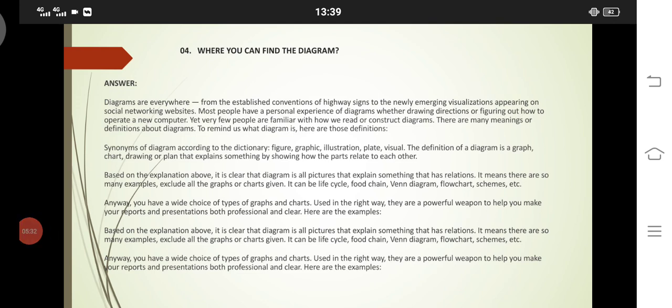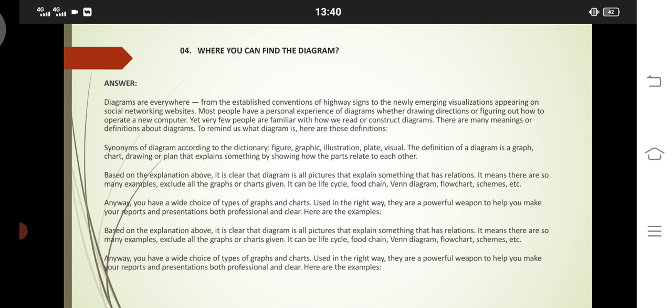Number 4. Where can you find the diagram? Answer. Diagrams are everywhere, from the established convention of equations to the newly emerging visualizations appearing on social networking websites. Most people have a personal experience of diagrams, whether drawing directions or figuring out how to operate a new computer, yet very few people are familiar with how we read or construct diagrams.